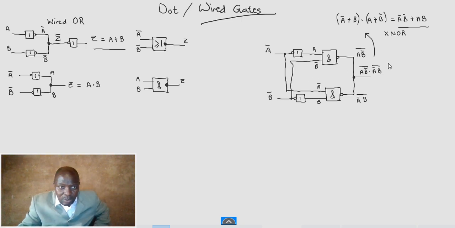Now we go on and say, to get an exclusive OR, we just need to say this is the NOR, therefore the inverter gives the inverse, and that there is our exclusive OR.